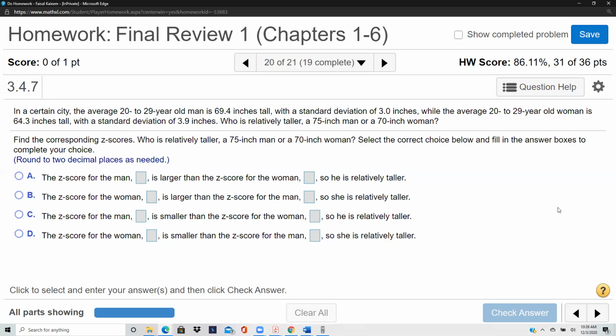Would it be z equals X minus mean divided by population standard deviation? And then X minus X bar divided by the sample standard deviation. In both cases, it's the x minus the mean divided by the standard deviation. So you could use either the sample or the population, whatever is given. Okay.